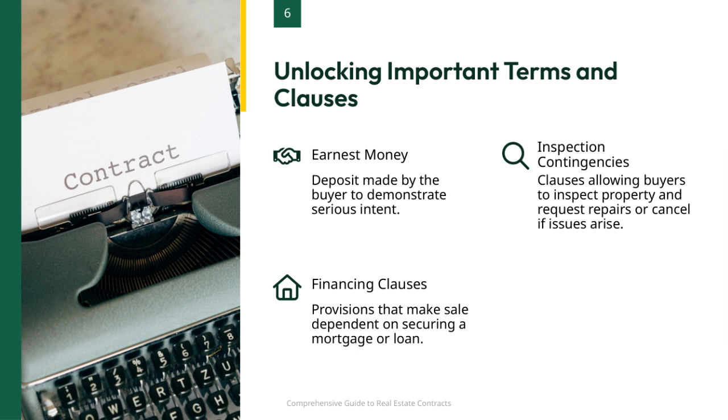If any problems come up during the inspection, buyers can request repairs or even back out of the deal if the issues are significant. Lastly, financing clauses protect the buyer by making the sale depend on securing a mortgage or loan. This means the buyer isn't locked in if they can't get the necessary financing, which adds an important layer of security. Understanding these terms can really empower you in the buying or selling process.